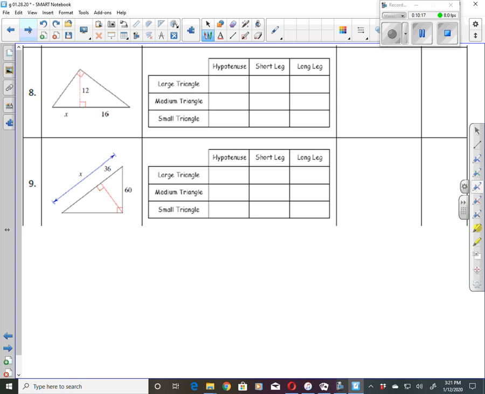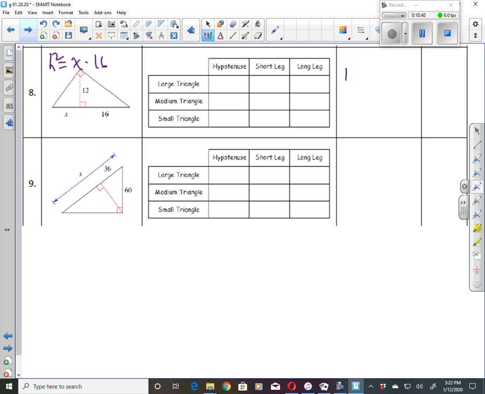All right, number 8, I would consider using that. You've got the height, right? Height squared equals x times 16. You could always fill out the chart. I'm not going to do that for you.